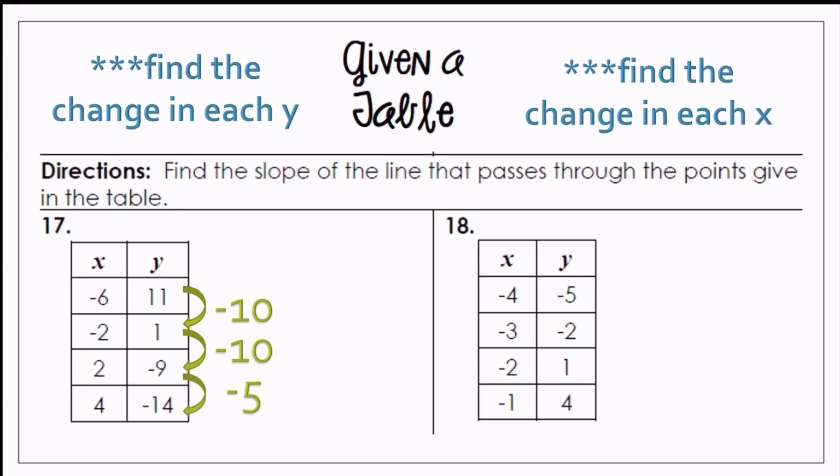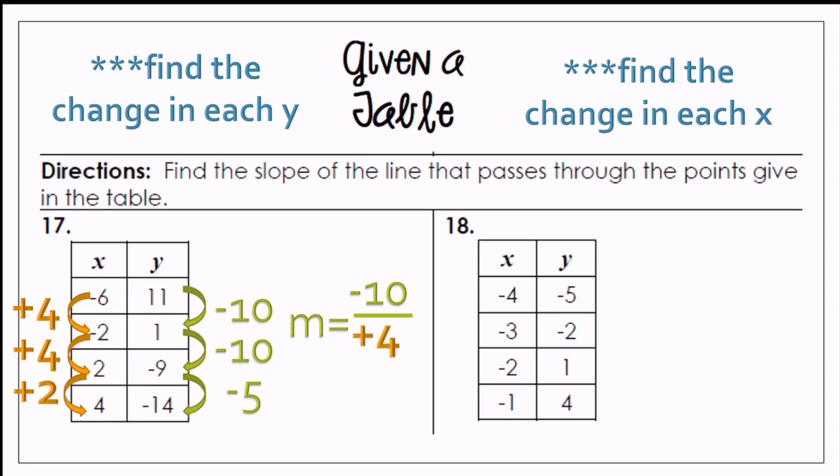So hold on with me here. Let's say my change is negative. But if I go do -6 to -2, that was a +4. -2 to 2 was also a +4. But 2 to 4, okay, that was a +2.